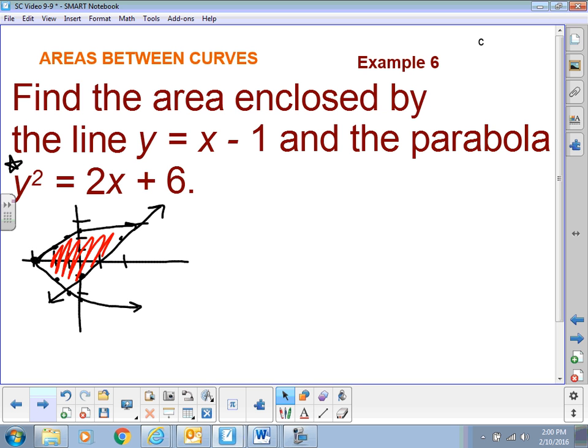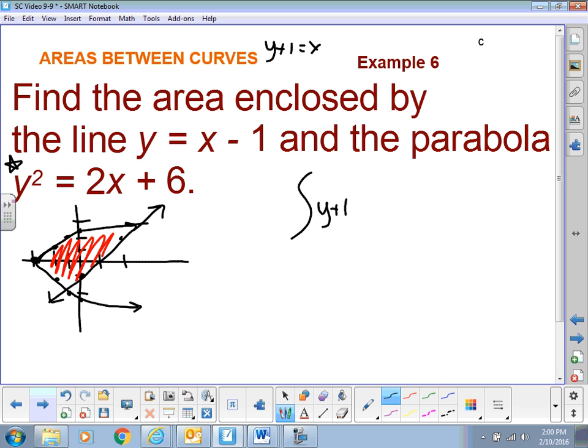So that's why this would make more sense to do it in terms of y and to do right minus left. So for our integral, our right-hand function is y equals x minus 1. Well, we need to get x alone, so that'll be y plus 1 equals x. And that's what we'll start with.